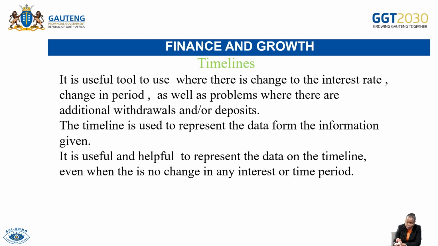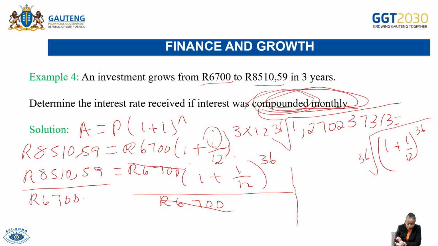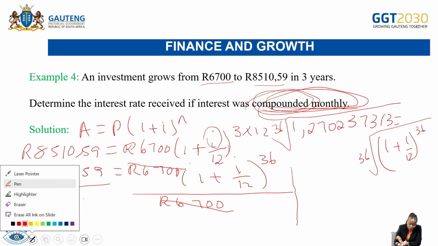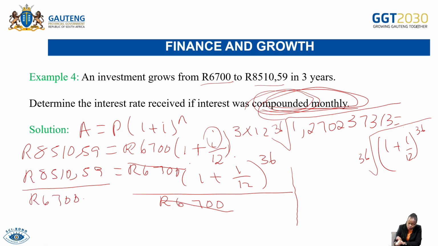Let me just use a different color so that you don't get confused. So the 36th root of all of that is going to give me 1.0066666672. It equals, now I'm left with 1 plus I all over the 12.